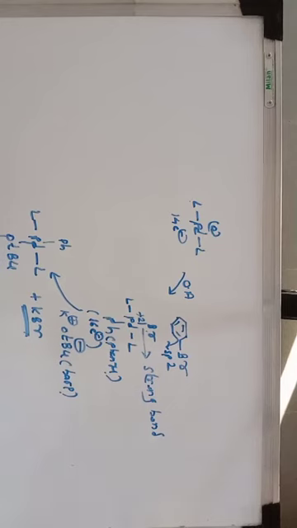Oxygen is more electronegative. So if you consider this OtBu, due to the high electronegativity of oxygen, the bond between palladium and tertiary butoxide, that is the bond between palladium and oxygen, is a weak bond.